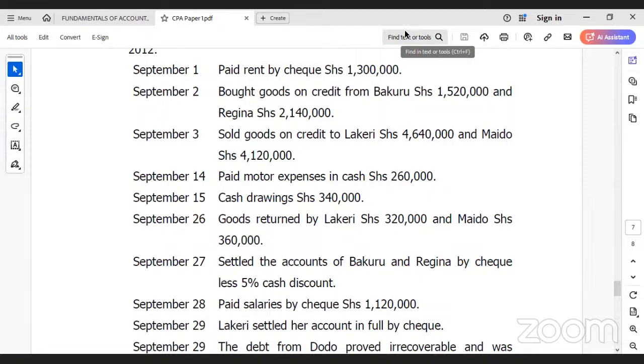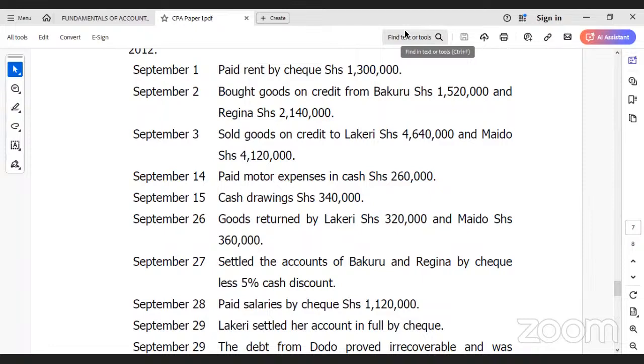What are we going to debit? And then what are we going to credit? We are going to credit the bank account, and then we debit the rent account.